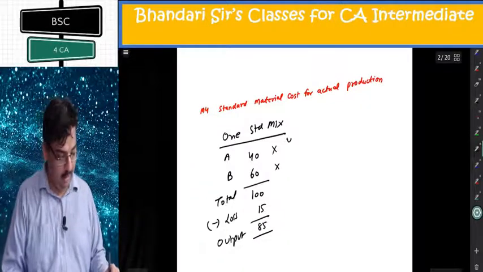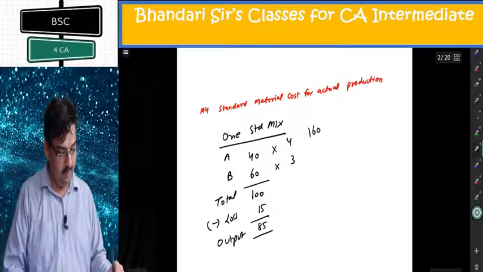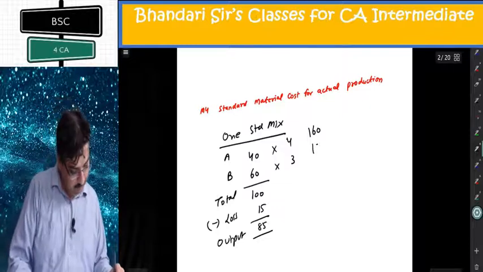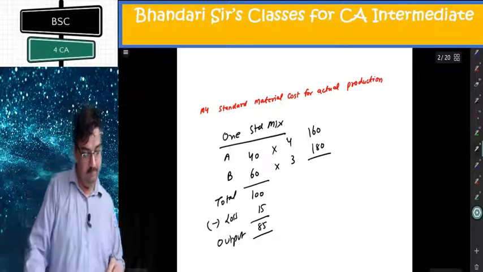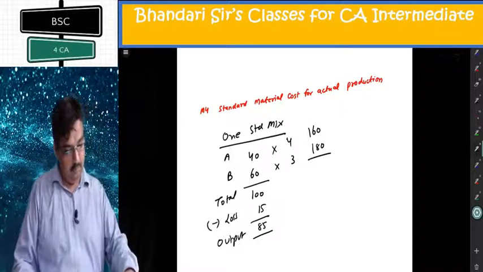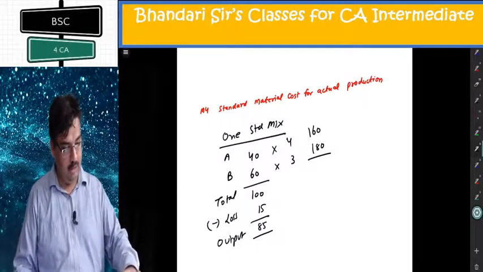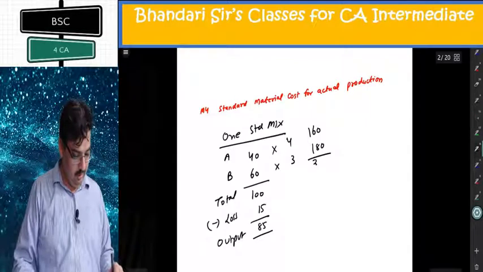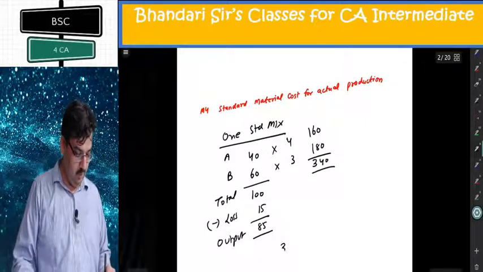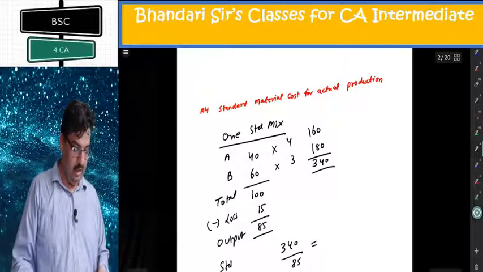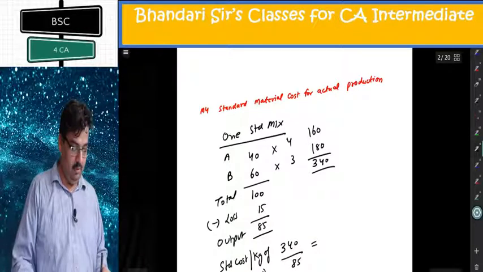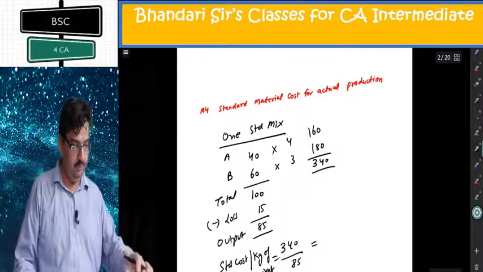Multiplied by 4 and 3: 160, 180. 160 plus 180, 340. 340 divided by 85 is the standard cost per kg of output.